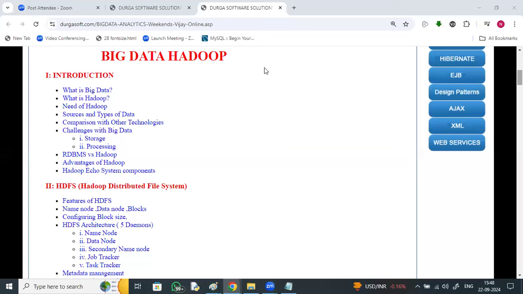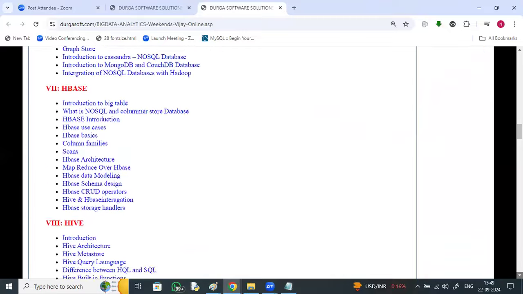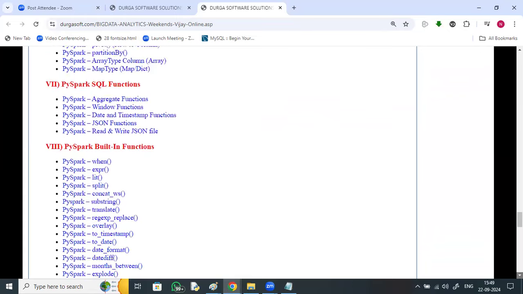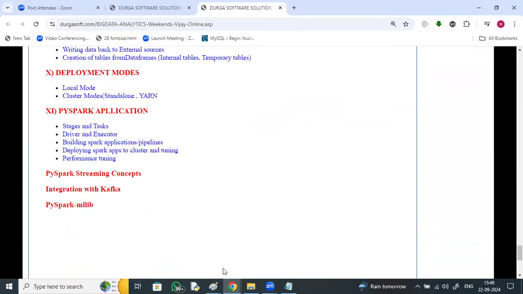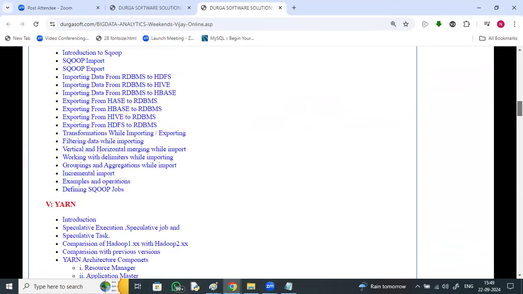Sir, will Kafka also be covered? Yes, Kafka will be covered. Let's check it here: integration with Kafka. What is Kafka? Kafka is a kind of streaming, right? It can capture live streaming data.